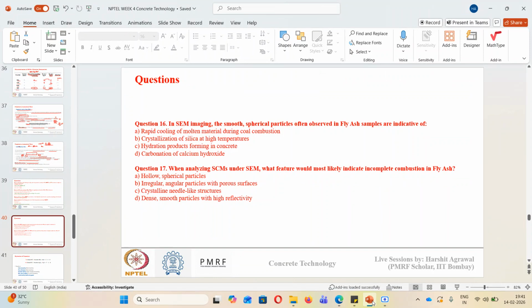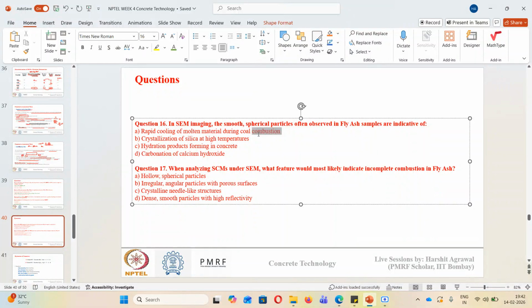Can anyone tell me why fly ash has smooth spherical particles but slag doesn't have spherical particles? What is the reason? The correct answer will be A, due to rapid cooling.